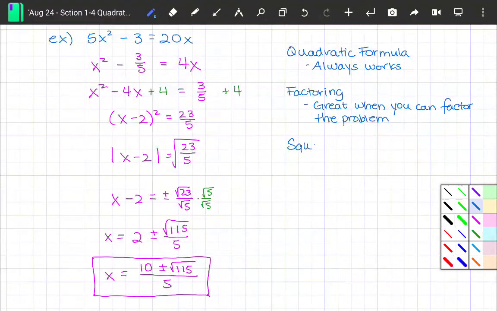Square roots is also a super efficient method. But with square roots, you have to be able to isolate the x.